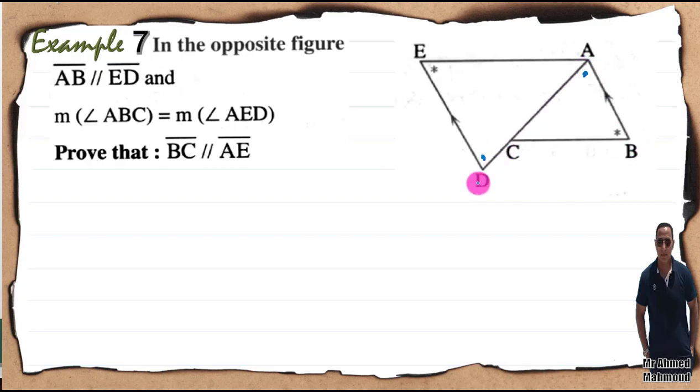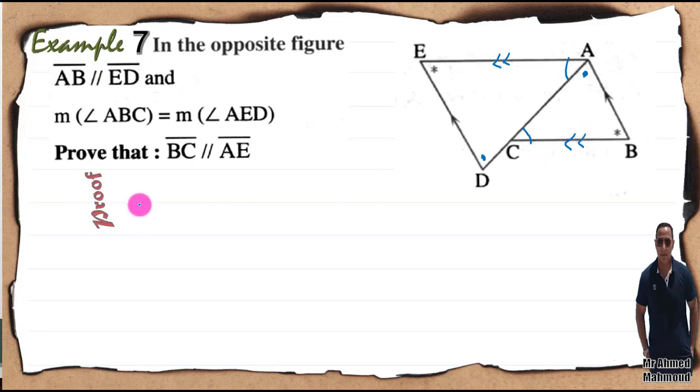Do you see? We have a Z shape, okay? Now we have two angles in the first triangle equal to two angles in the second triangle, therefore angle C equal to angle A, okay? And they are also alternate, therefore AE parallel to BC.